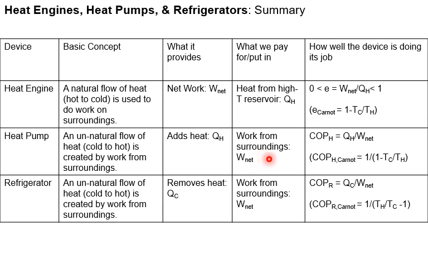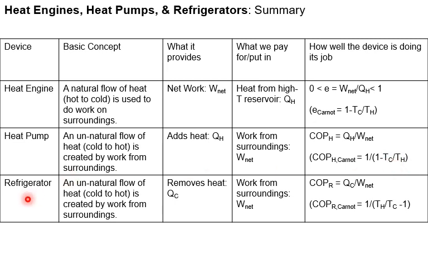So electricity, for instance. How do we know how well the heat pump is doing? That's with the coefficient of performance. How much heat do you get out of this heat pump divided by how much work you've got to put in? And what is the theoretical maximum performance? That again is you plug in temperatures instead of heats. That gives you the Carnot coefficient of performance.